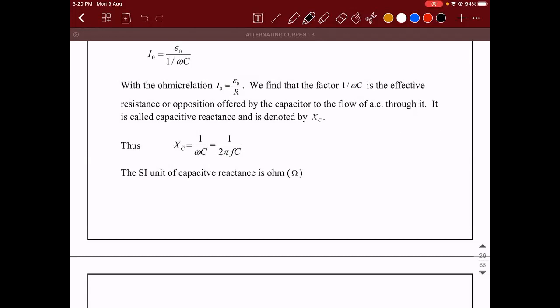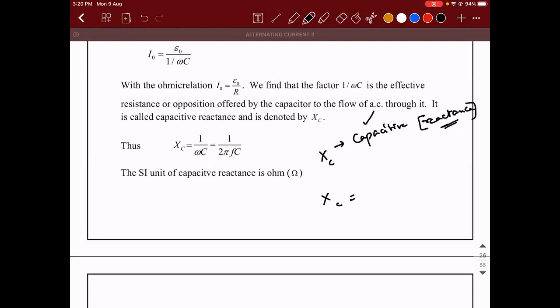Yes, capacitive reactance or reactance of capacitor, both are the same. Reactance means the resistance offered by a capacitor or inductor. So reactance is a term used when you have a capacitor or inductor. If it is a capacitor, we call it capacitive reactance. If it is an inductor, we call it inductive reactance.